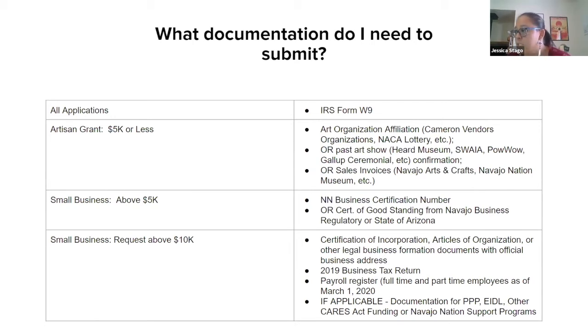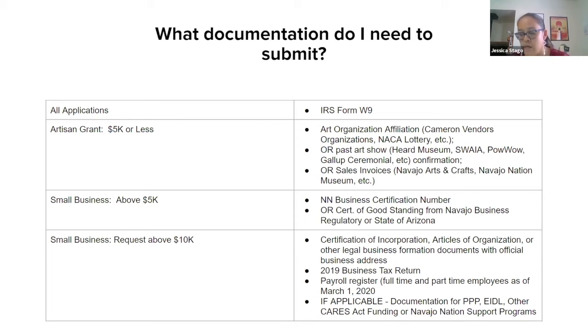If you have invoices from Navajo Arts and Crafts or Navajo Nation Museum or Heard Museum gift shop, or maybe Sedona galleries, that's the type of documentation that they want. If you have your confirmations from your art shows, so Heard Museum, SWIA, could be ASU Powwow, Denver Powwow, maybe Gallup Ceremonial. So any documentation that you can show that you are actively working as an artist.